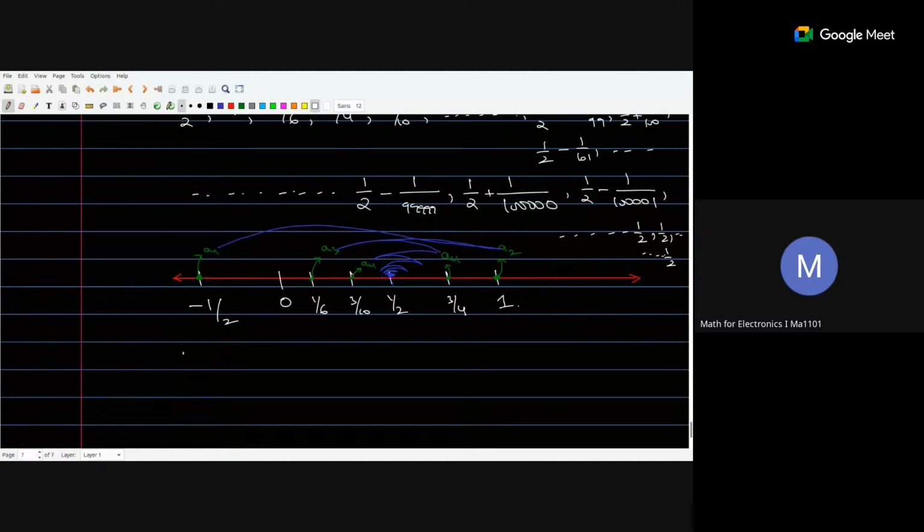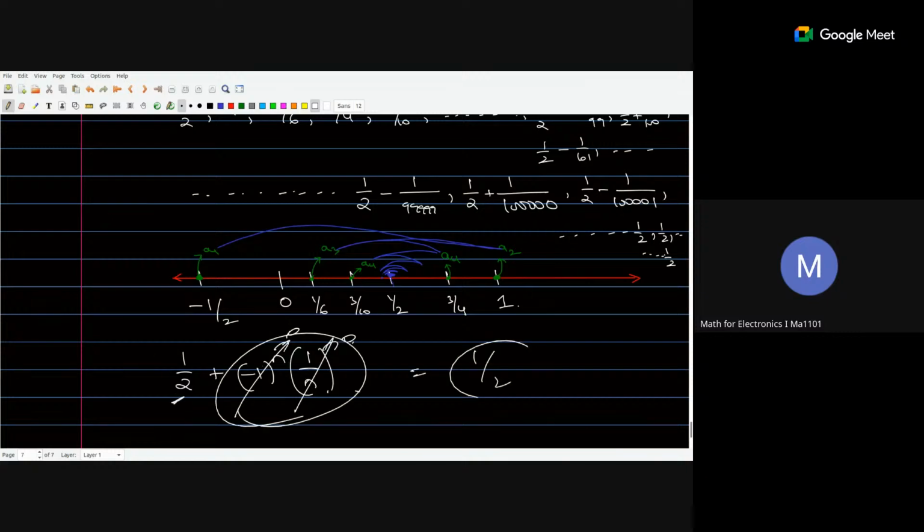Here also you see the sequence is half plus (minus 1) power n, 1 by n. So by looking at this 1 by n, you know that when n tends to infinity, this goes to 0. That means this term will vanish slowly, and I will be left with half.